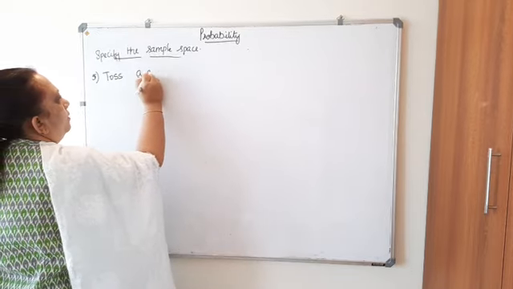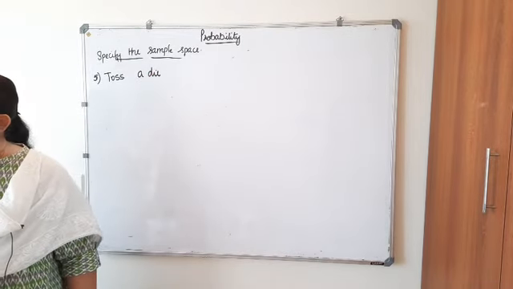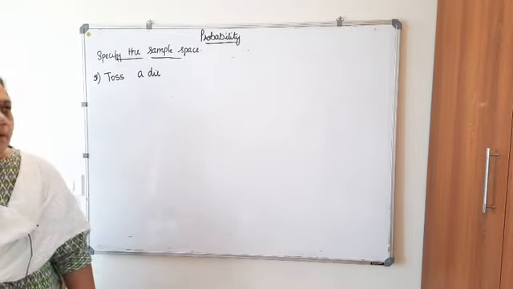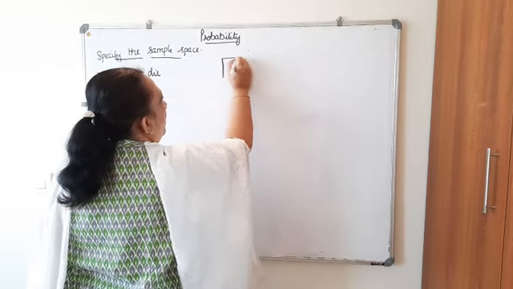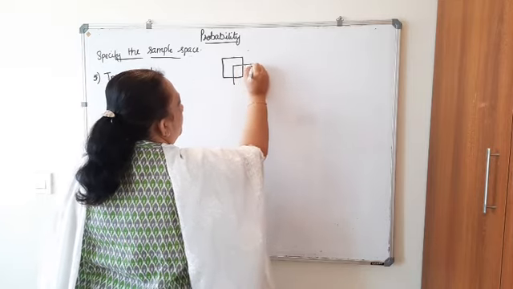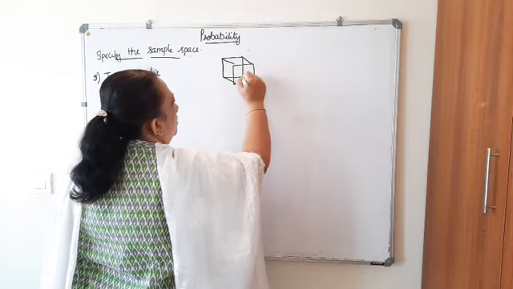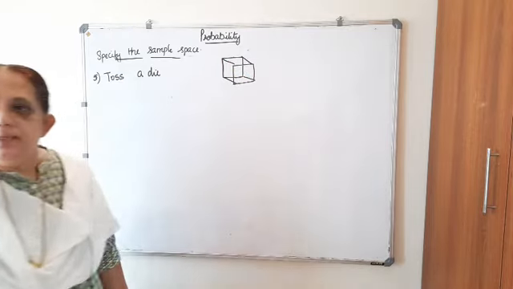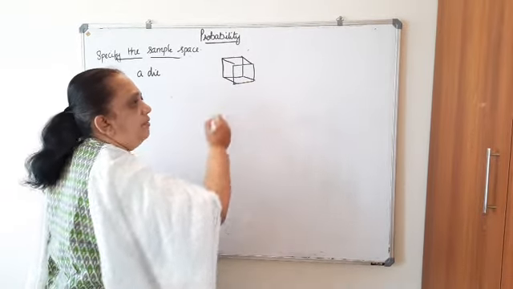Toss a die. What do you mean by a die? You know that when you play snake and ladder, it's a cubical thing. And on each face, it is denoted by 1, 2, 3, 4, 5 and 6.